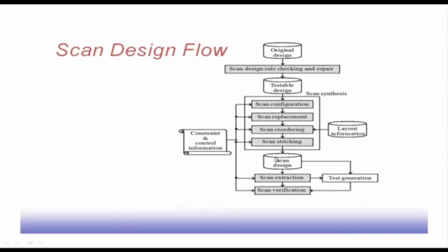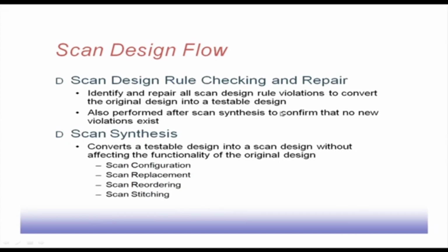That gives us the scan design, and after that, the scan is extracted and the test generation task is also started. Tests are generated, scan chains are extracted, and scan verification takes place. This process continues, so that if there is some flaw or problem, then the scan synthesis part is repeated. We will look into this design flow.